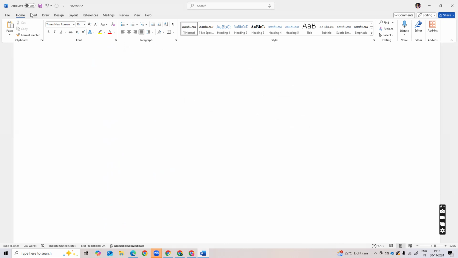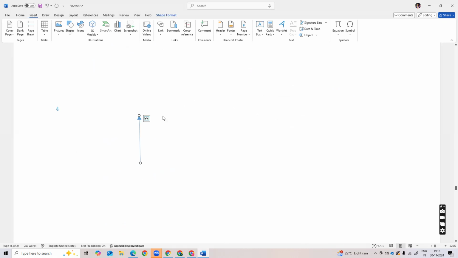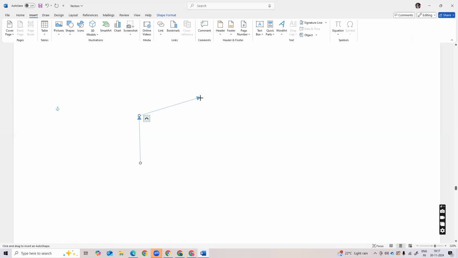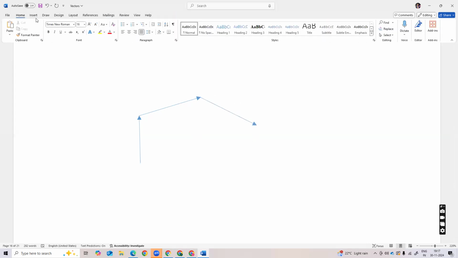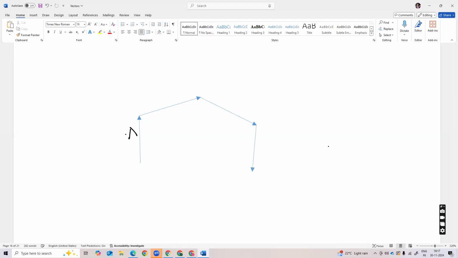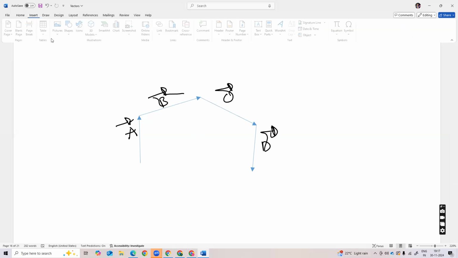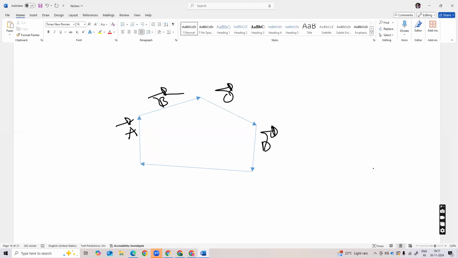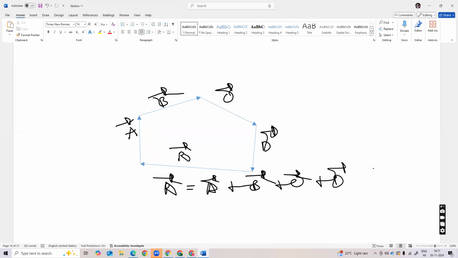The polygon law of vector addition is like, if you have a first vector, then a second vector, then a third vector, and let's say this is your fourth vector, forming A, B, C, D. The vector which you use to close this polygon, which starts from the head of D and ends at the tail of A, is basically the resultant of all four vectors, and this resultant can simply be given as A plus B plus C plus D. So this is the polygon law of vector addition.